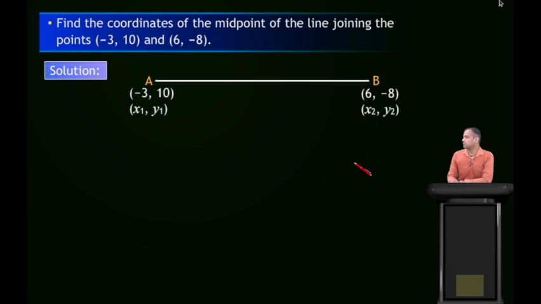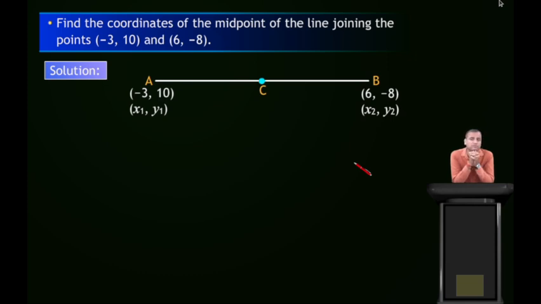Then you have another point (6, -8), which you can take as (x2, y2). So you have (x1, y1) as (-3, 10), and (x2, y2) as (6, -8). And you have to find the value of C, which is the midpoint of these 2 points.